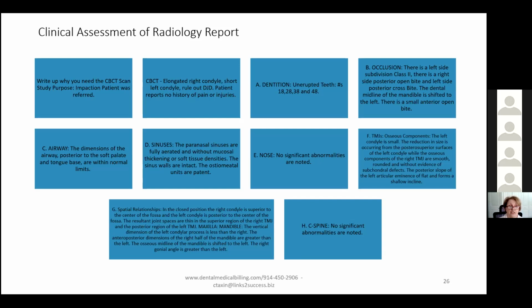Airway, the dimensions of the airway are within normal limits, so you don't have to worry about sleep. The sinuses, yes, we need to know about sinuses in the dental world. It is a direct correlation, and sometimes even ENT can't see something, and they may be referring to us because of our CBCT scan and a collaborative treatment plan.